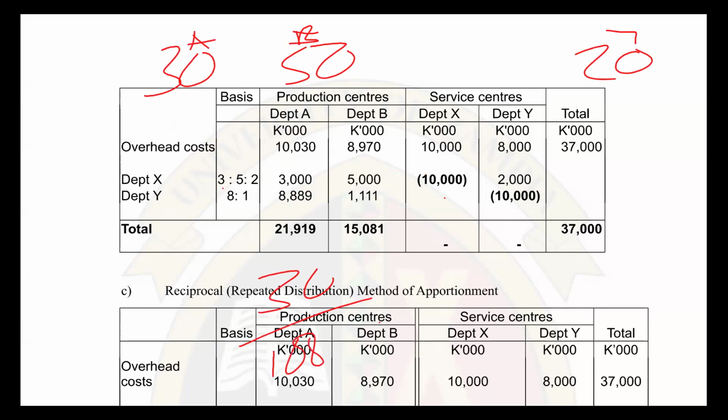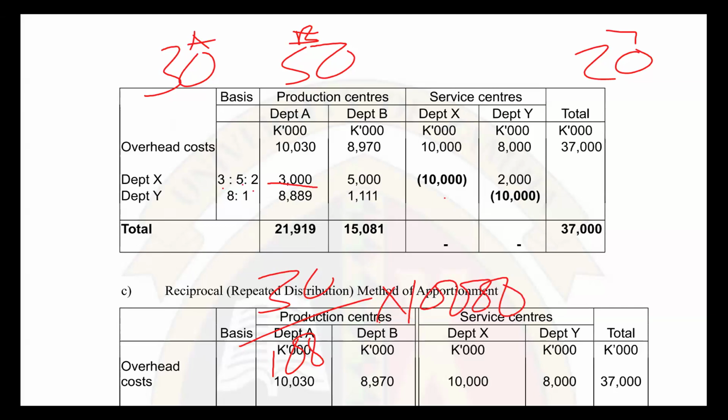Because we're adding 30 plus 50 plus 20 of the other departments. 30 over 100 times 10,000, right? And what do you find? 3,000. Yeah, you find 3,000 for A.